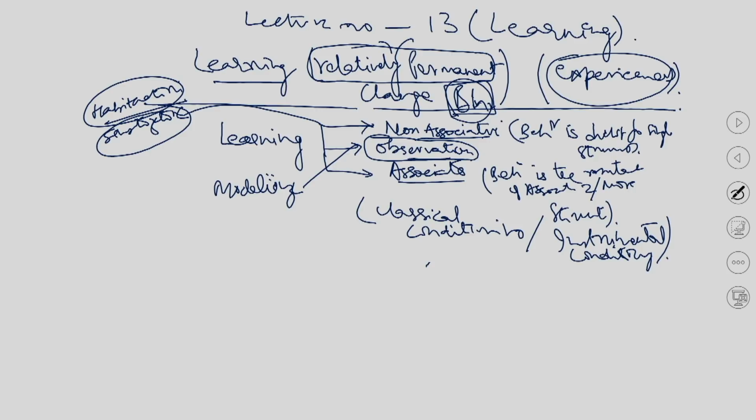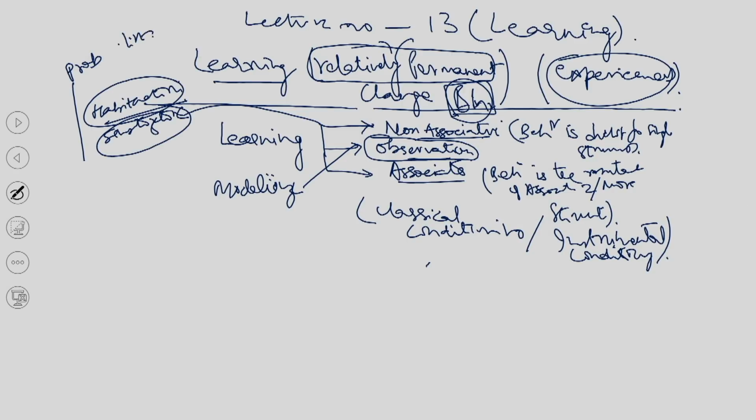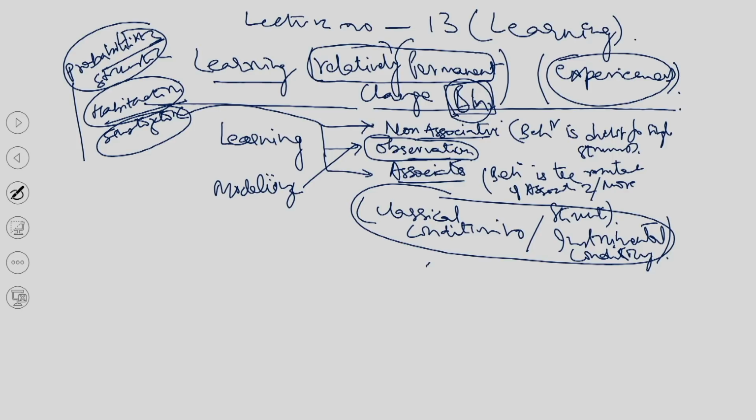Habituation and sensitization you call probabilistic, or stochastic, forms of learning. So, the stochastic form of learning, classical conditioning and instrumental conditioning, and modeling are the three forms of learning which are available.